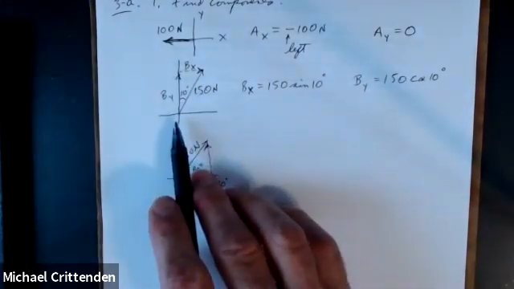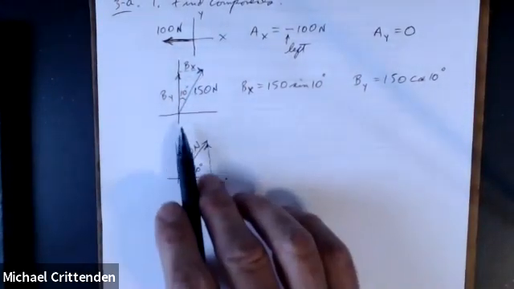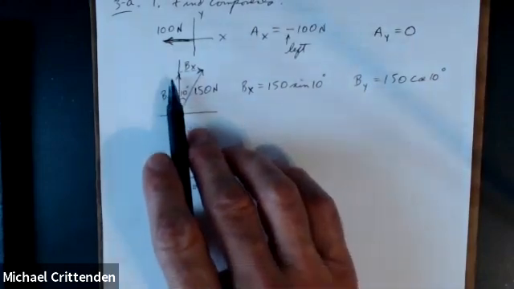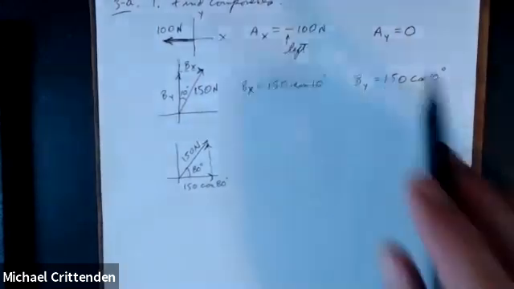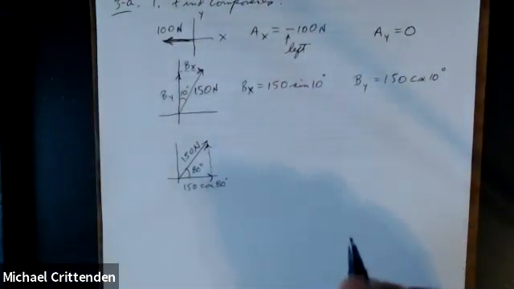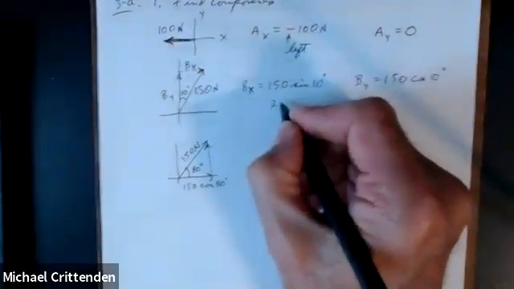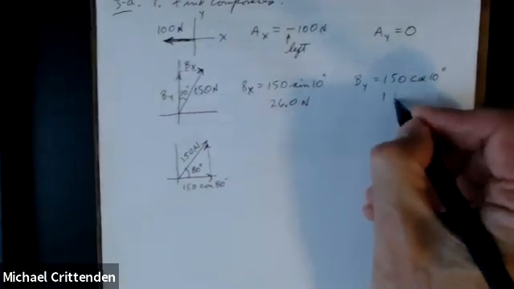If you were a bug crawling across the page who wanted to get from the tail of this arrow up to the pointy end, the bug has to go up and then to the right. So up is positive, right is positive. X component is 26. Y component, 148.